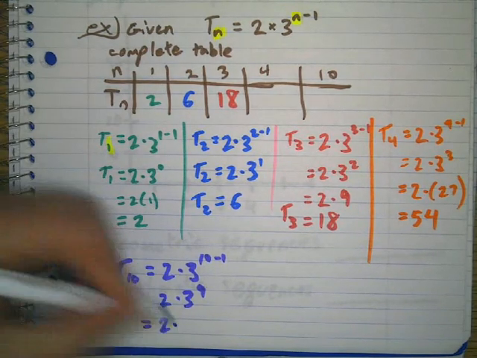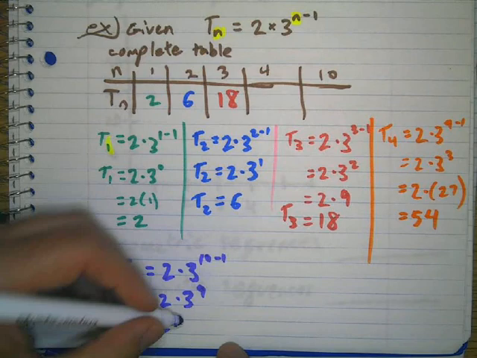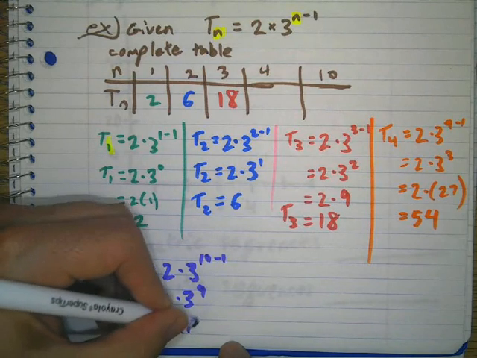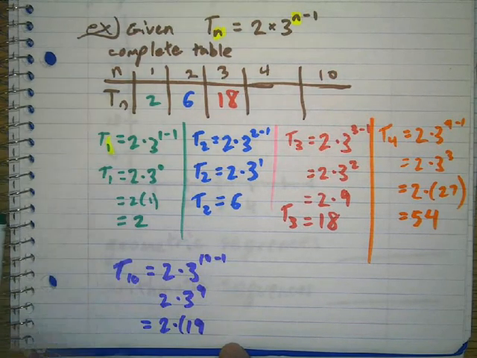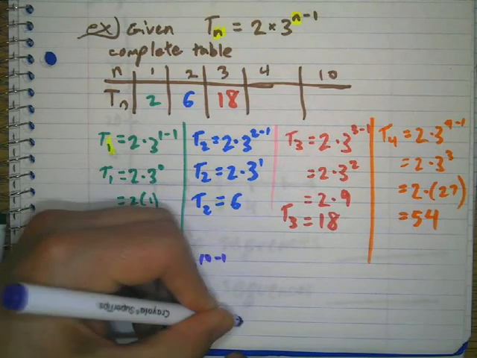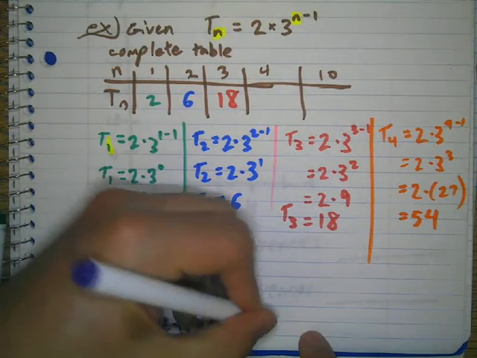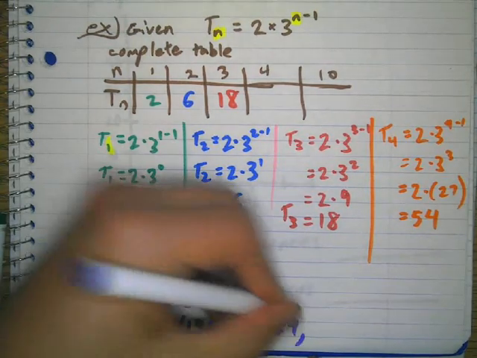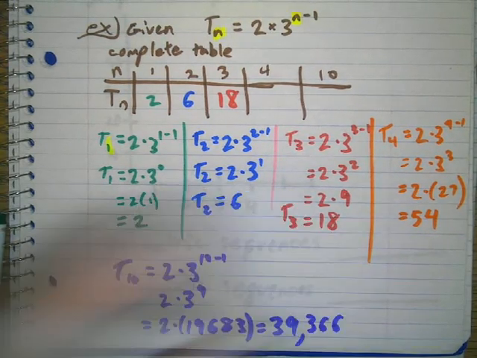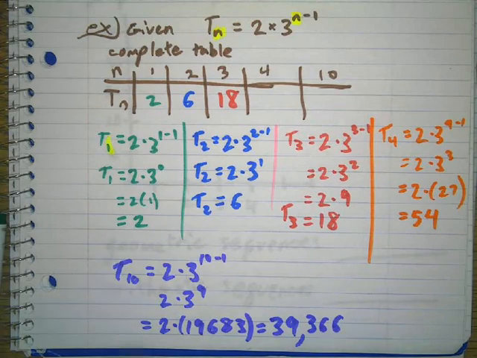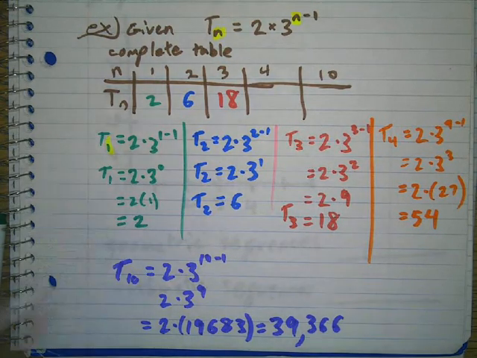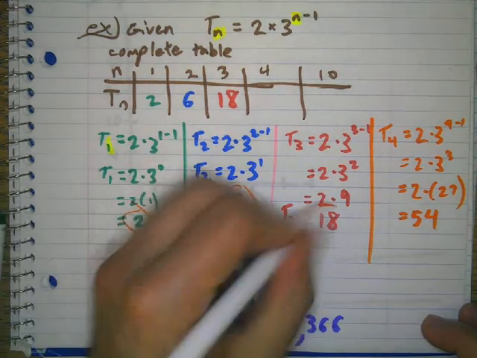And 3 to the 9th power, I already did it on my calculator, is 19,683. So that multiplied by 2 is 39,366.